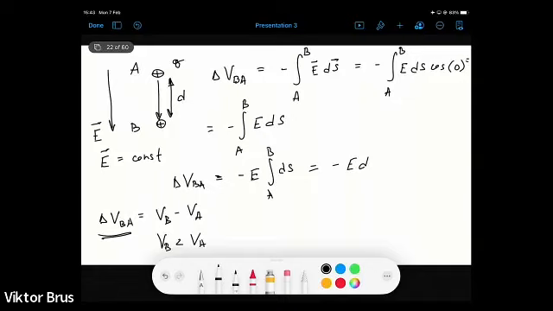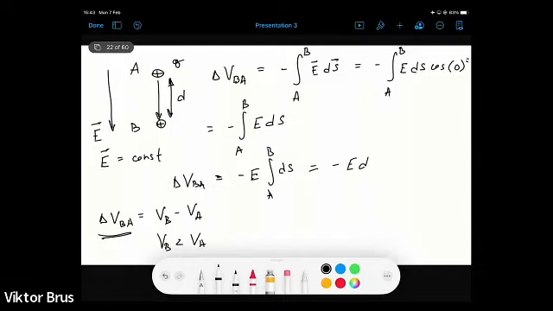So if we consider a system with a positive charge and electric field, then the electric potential and electric potential energy of the system will decrease when this charge moves in the direction of the electric field.